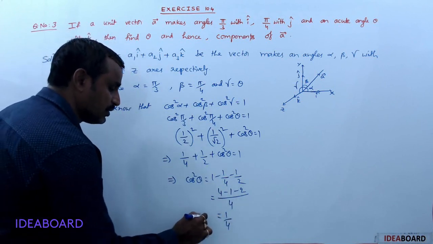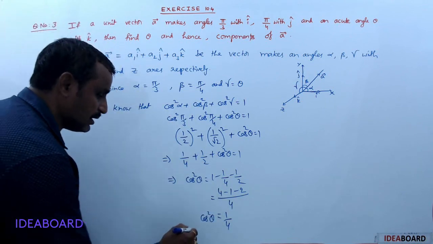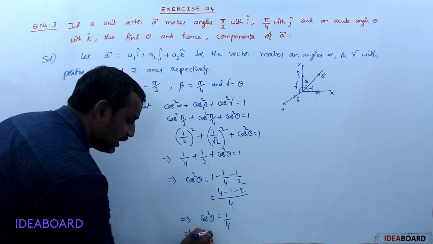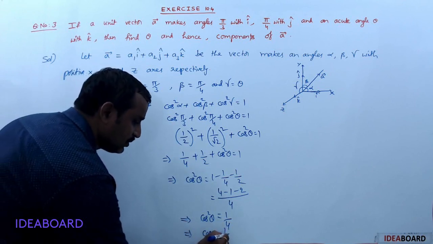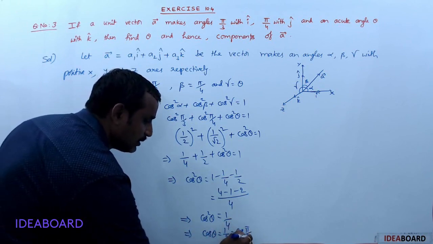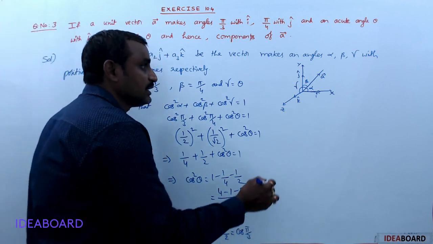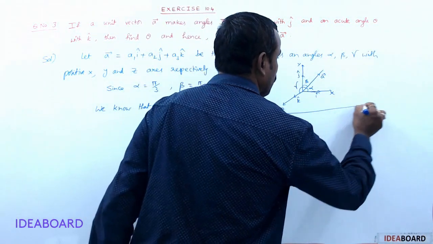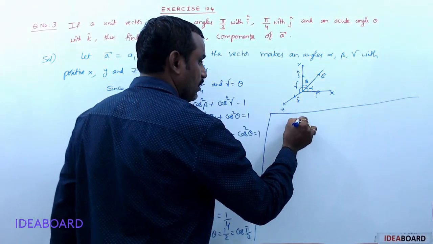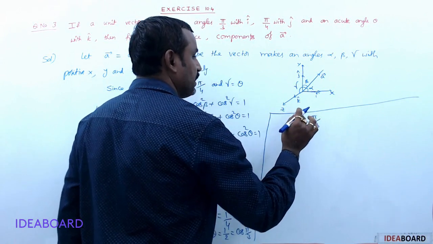Cos square theta is equal to 1 by 4, so cos theta is equal to 1 by 2. This is cos pi by 3, cos 60 degrees value. Therefore theta is equal to pi by 3.